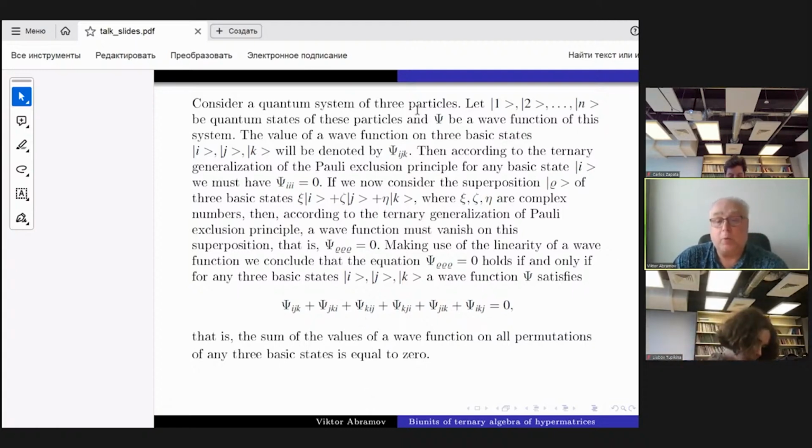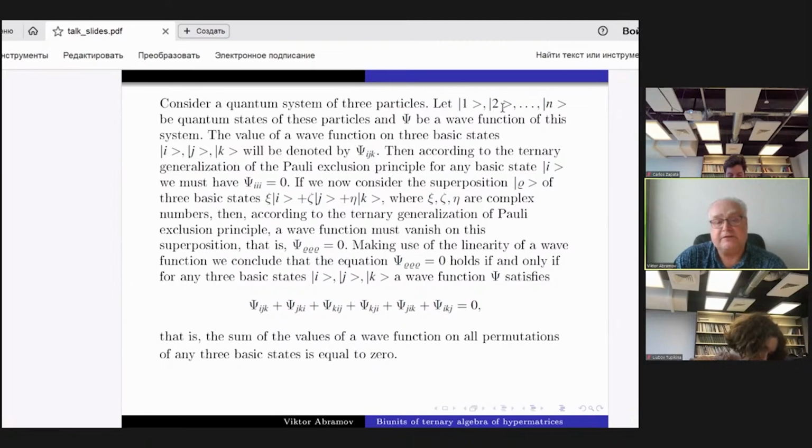So, for example, if we have a wave function of a quantum system of three particles, and we denote the quantum states of these particles like this, and the value of the wave function on these states we denote by this, we can see here an analogy with the hypermatrix. Then, according to this Ternary generalization of the Pauli exclusion principle, when these subscripts are equal, the wave function should vanish.